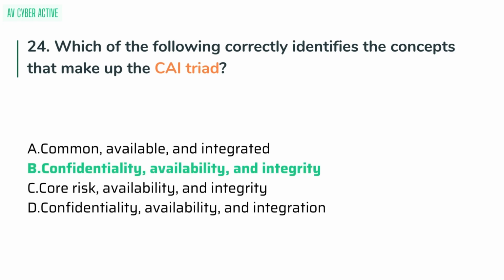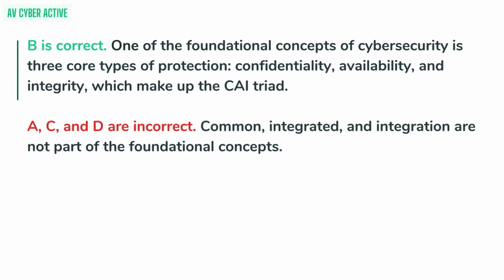B is correct. One of the foundational concepts of cybersecurity is three core types of protection: confidentiality, availability, and integrity, which make up the CIA triad. A, C, and D are incorrect. Common, integrated, and integration are not part of the foundational concepts.